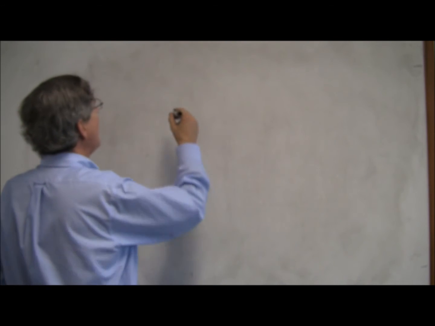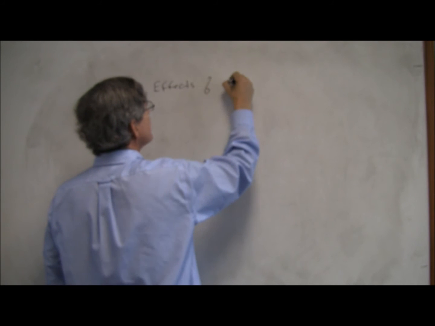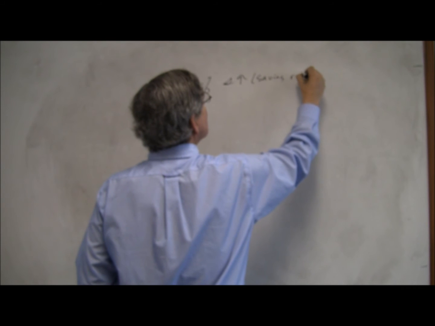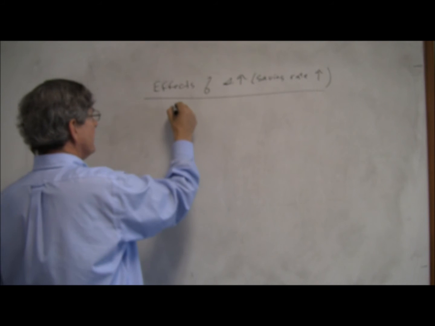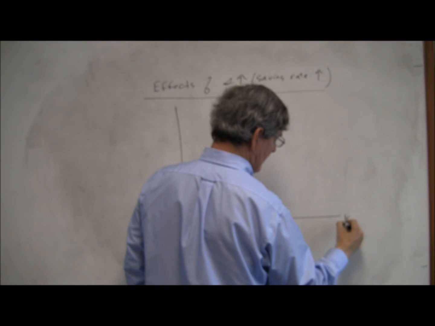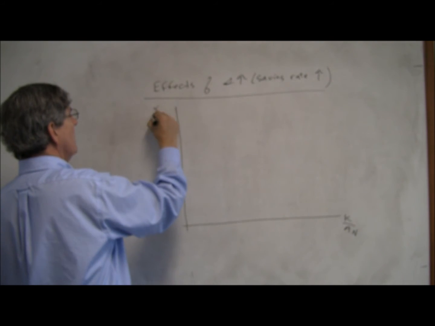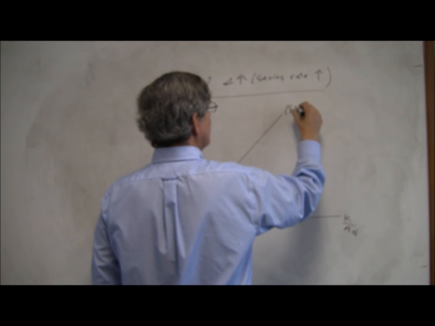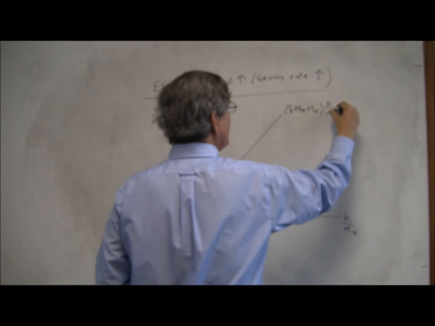And let's just look at, again, the effects of an increase in the savings rate. We're going to get a result much like we got in the last chapter. We have k over AN, y over AN, and delta plus g of A plus g of n times k over AN.